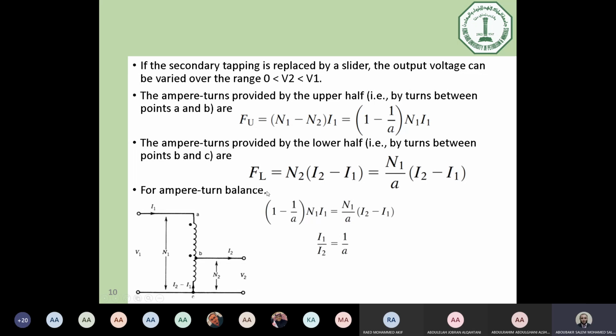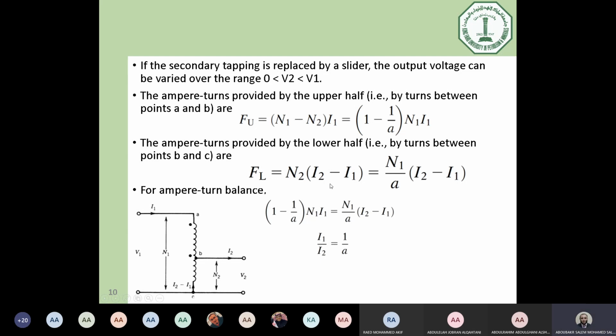So simply, we can say now F lower equals N2 multiplied by (I2 minus I1). If we also divide by the turns ratio, replacing N2 by N1 divided by A, you find the relation N1 divided by A multiplied by (I2 minus I1).